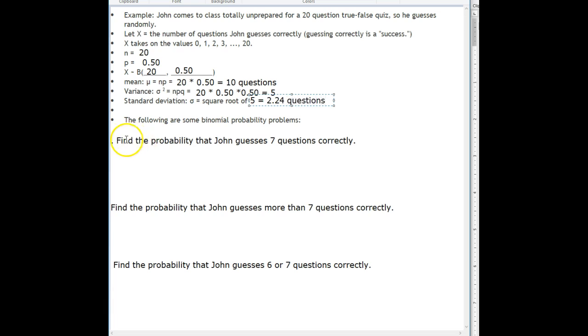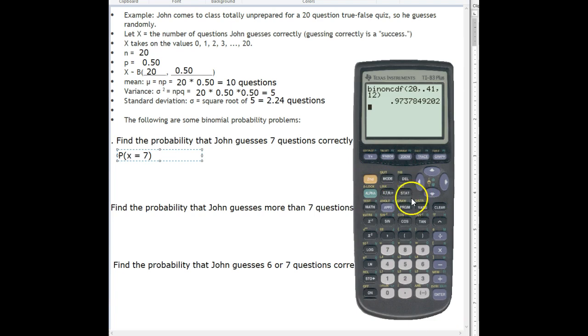If they ask us to find the probability that John guesses 7 questions correctly, this is the same thing as saying the probability of x equals 7. So let's go ahead and put this into the calculator. So we need to go back to second distribution.